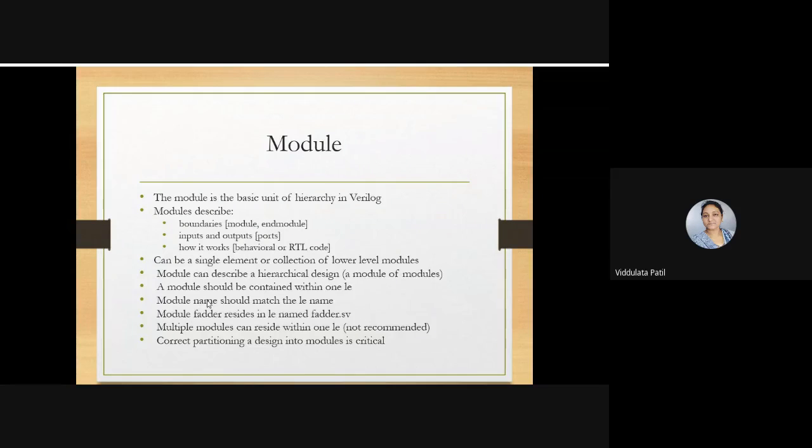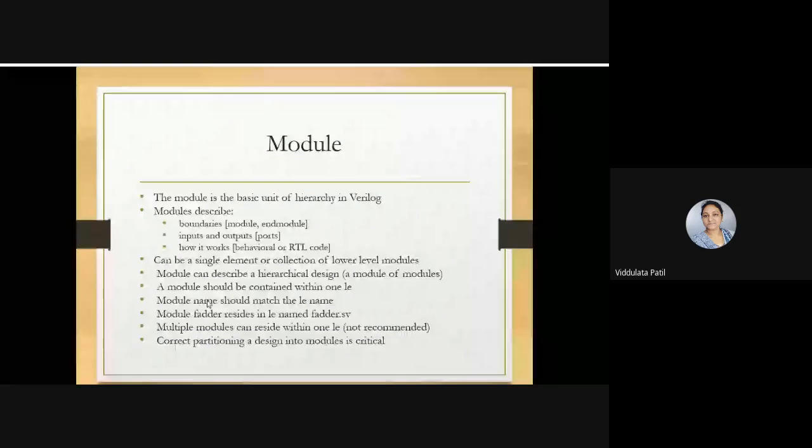Now it can be a single element or a collection of lower level modules. Suppose we want to write a Verilog code for a full adder. We can write it using behavioral modeling, so depending on the truth table we can write a Verilog code, or we can use two half adders and one OR gate to represent that full adder.